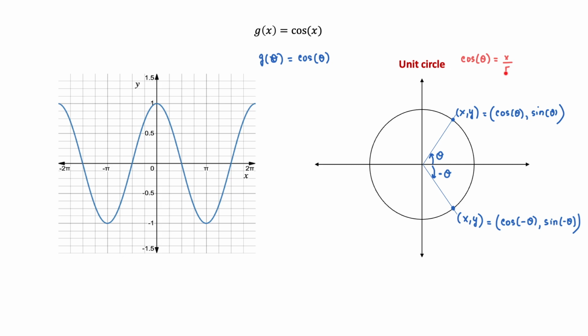So then that means that this r over here is going to be equal to 1, which means that cosine theta simplifies to just x. Then if we do the same thing with sine theta, by definition, it is equal to y over r. And because we're working with the unit circle, r is 1. So then you end up getting that y is equal to sine theta. So just a quick refresher as to how these coordinates come about.